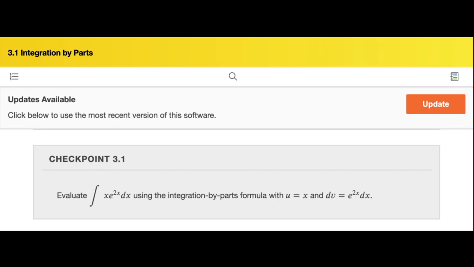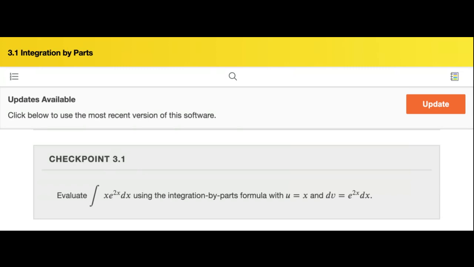That means v equals half e to the 2x, right? So now we get u times v, which is x times e to the 2x.